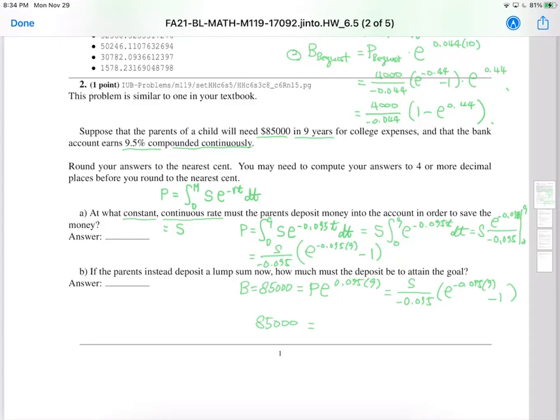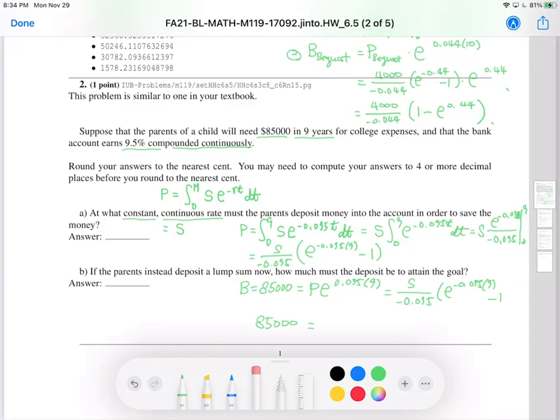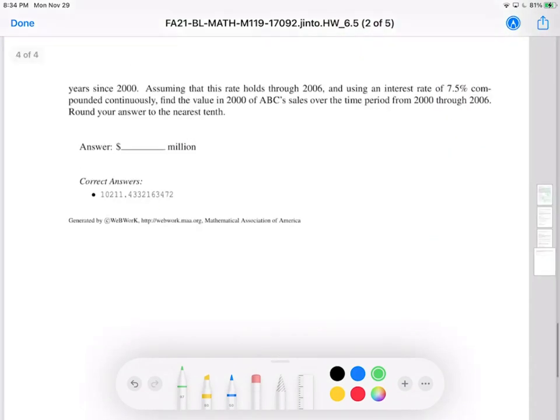85,000 equals, okay, multiplied by, I forgot multiplying by e to the 0.095 times 9, I'm sorry.